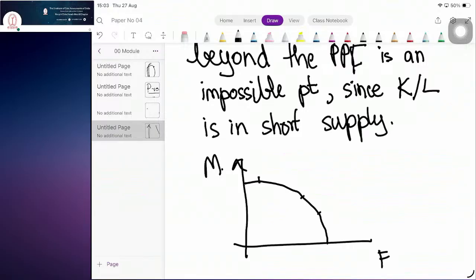This is the PPF. Any point on the PPF is an efficient point. Any point inside the PPF has unemployed resources, and any point which is outside the PPF shows an impossible situation. Did you understand this much?